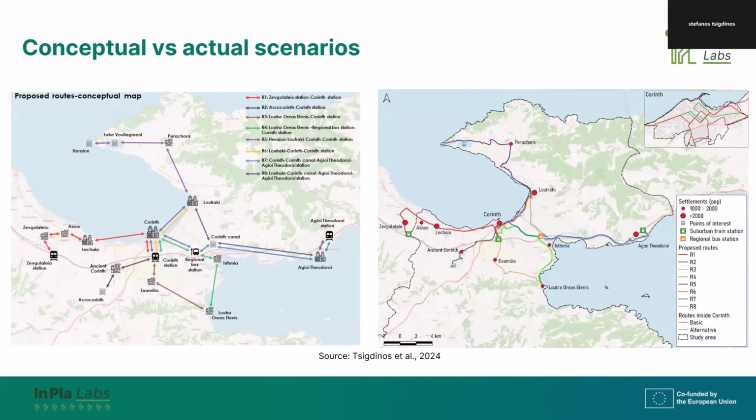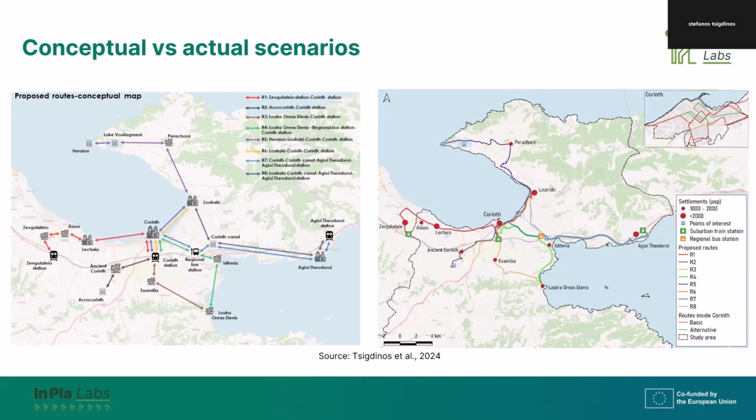Here is one example that is very helpful for our practice later. We're gonna implement strategic and conceptual scenarios, and it's closer to that look. We're not gonna implement actual scenarios, and this example demonstrates this difference. The first one is the approach of connecting something or creating new land uses somewhere, but the right one is exactly the point that we're going to implement, for example, a new local center, or the actual street that we're going to use for a new bus line or for a new pedestrian corridor and stuff like that.